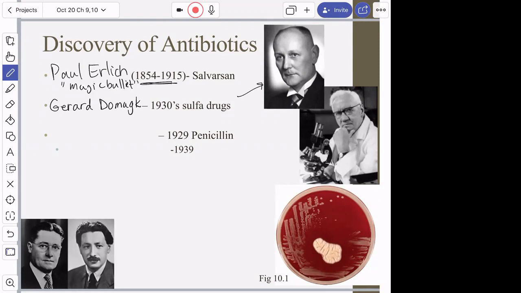But again, this is right before World War II. He was screening a large number of sulfa-containing chemicals to try to find one that worked against streptococcus. Okay, and he found one. He called it Prontosil. So you may have heard that.